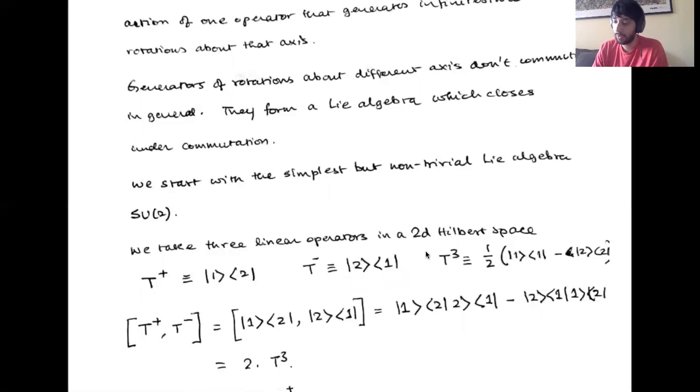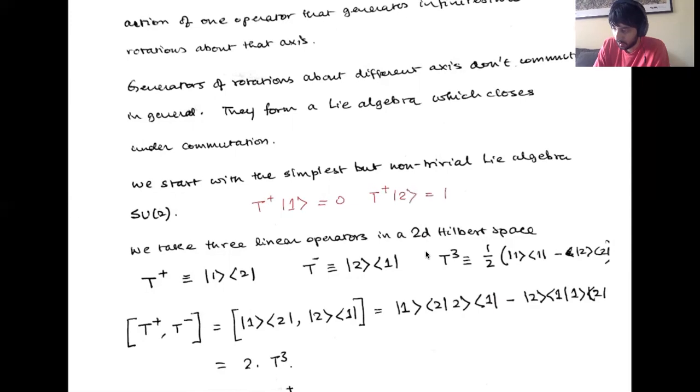So for example, operating T plus on the state 1 doesn't give you anything, but T plus on the state 2 gives you the state 1, right?